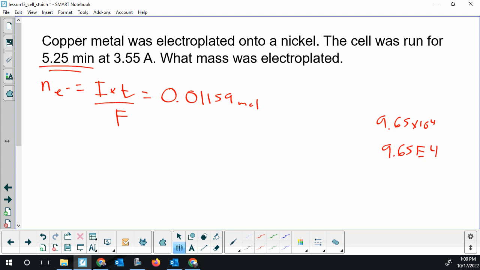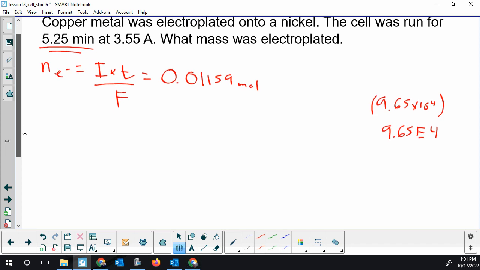If you put it in the top version, you've got to bracket it so the times doesn't go to the numerator. You keep the times in the denominator. Okay. So that's a common error. If you need more help, see your teacher individually. So that's current times time.